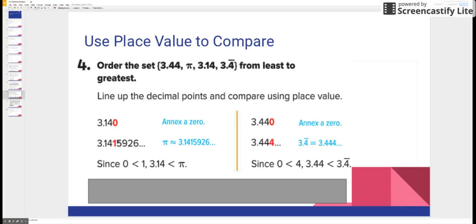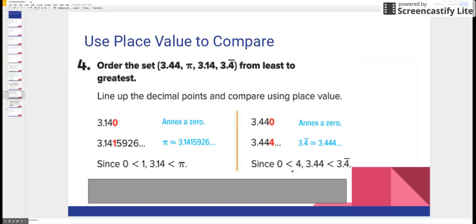Okay, I have 0, 1, 0, and 4. So let's look. Since 0 is less than 1, 3.14 would be less than pi. So we already established this is less than this. On this side, we have 3.440 and 3.4 repeating.